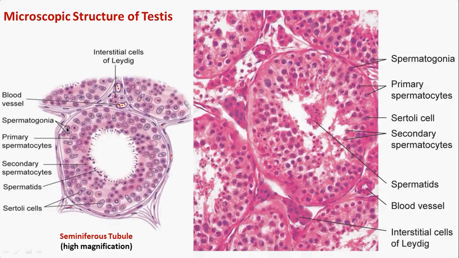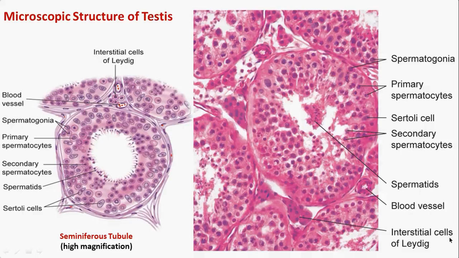Second, this is the spermatogonia. Here this is the primary spermatocyte, and this is the secondary spermatocyte. In between these seminiferous tubules, this is another seminiferous tubule, and in between them there are the interstitial cells of Leydig. You can also draw this figure during the exam to show the seminiferous tubule in a magnified view.